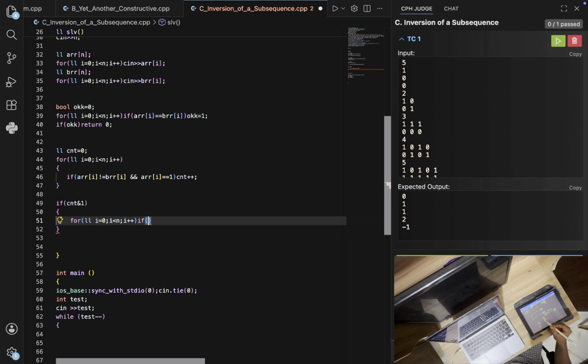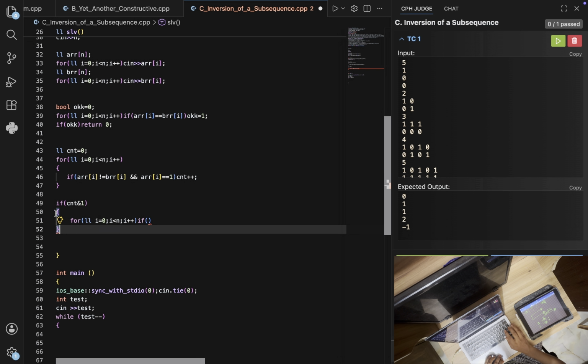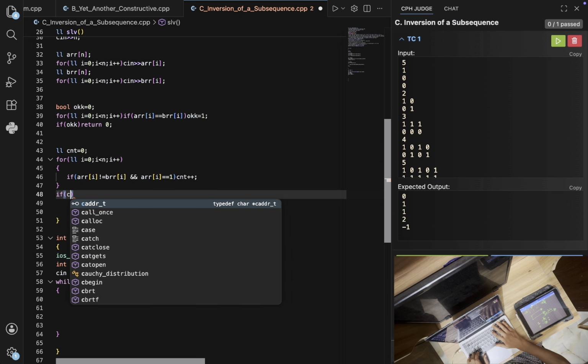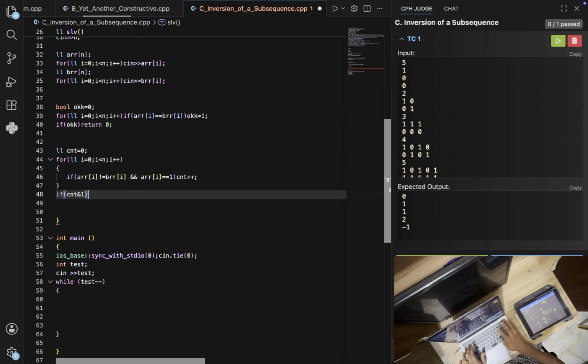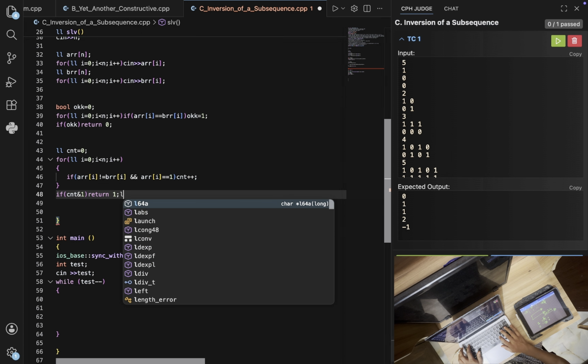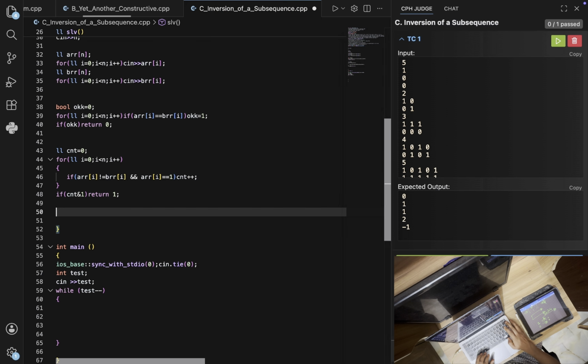Yeah, if count is odd, it's always possible, I guess. Now it depends on the two operations.